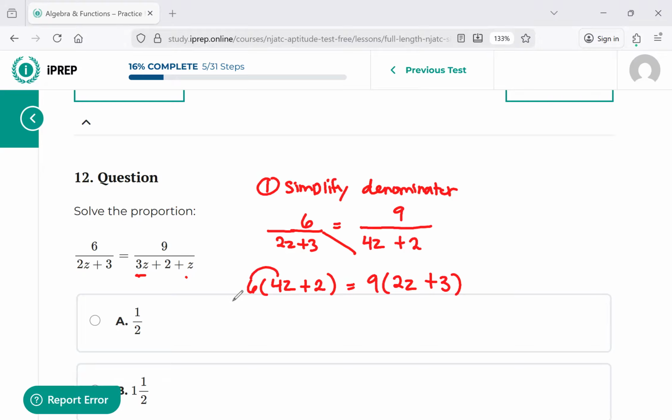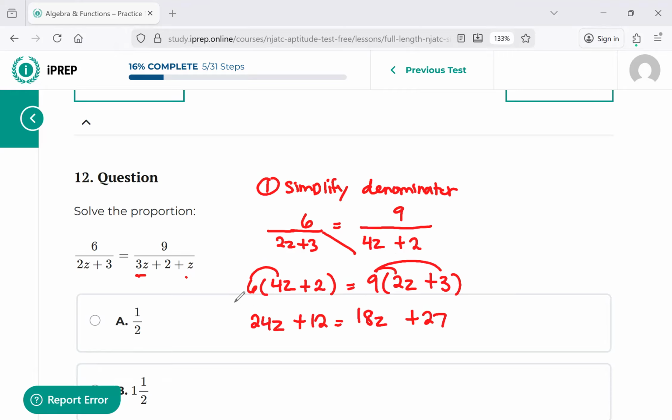Okay. Multiply, FOIL this out. 6 times 4z is 24z. 6 times 2 is 12. 9 times 2z is 18z, and 9 times 3 is 27.